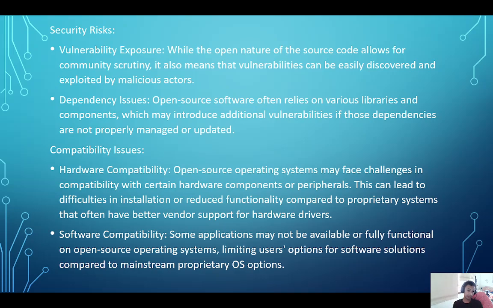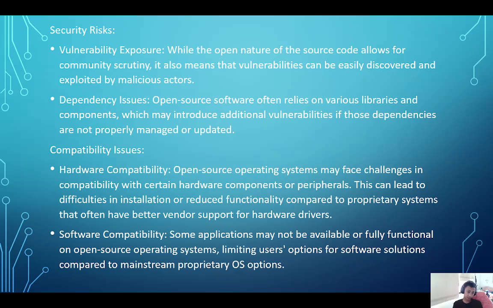And dependency issues. Open source software often relies on various libraries and components, which may introduce additional vulnerabilities if those dependencies are not properly managed or updated. Compatibility issues. Hardware compatibility. Open source operating systems may face challenges in compatibility with certain hardware components or peripherals.